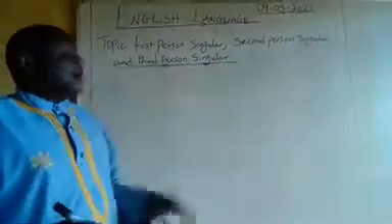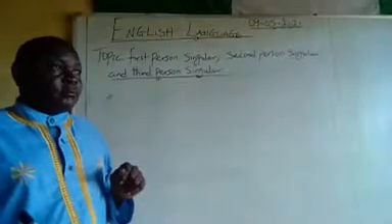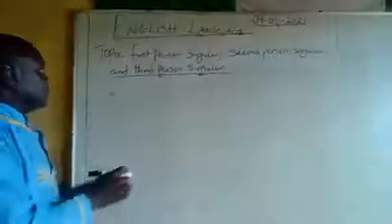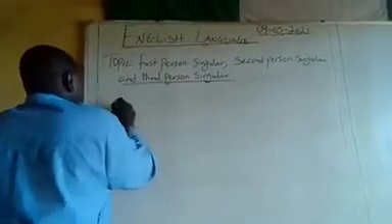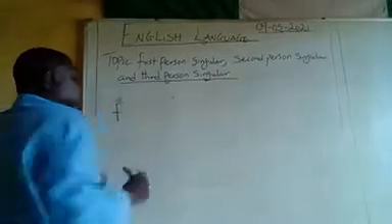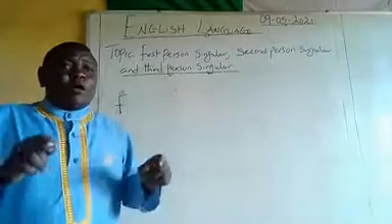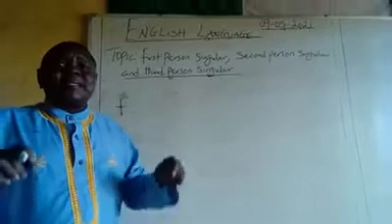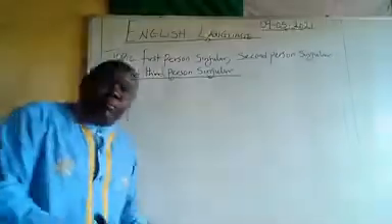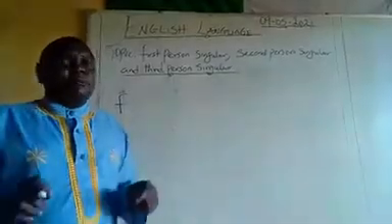Third person singular means he, she, it, etc. The verbs of the first person singular and the verbs of the second person singular are the same. But the verbs of the third person singular are not the same with the verbs of the first and second person singular.